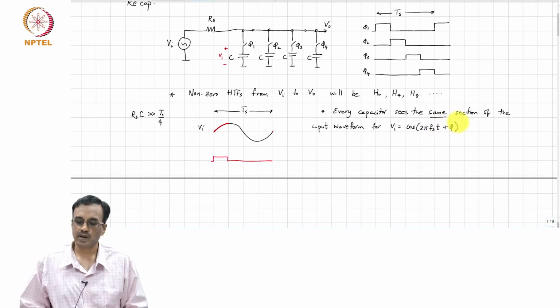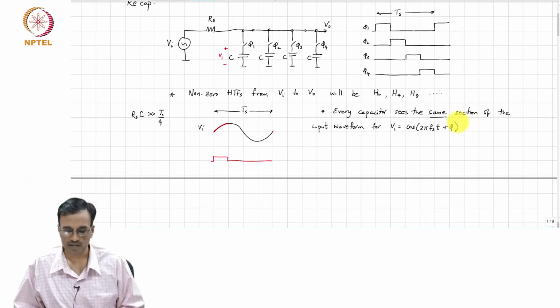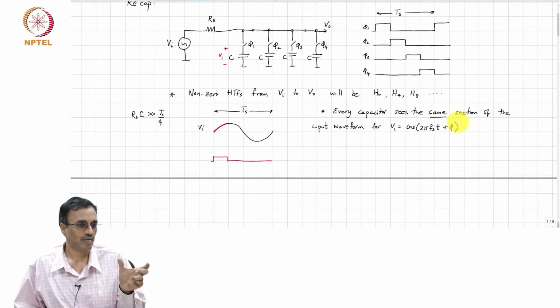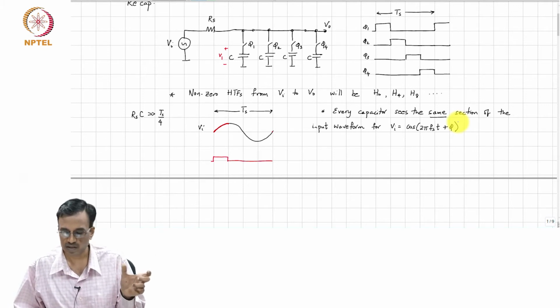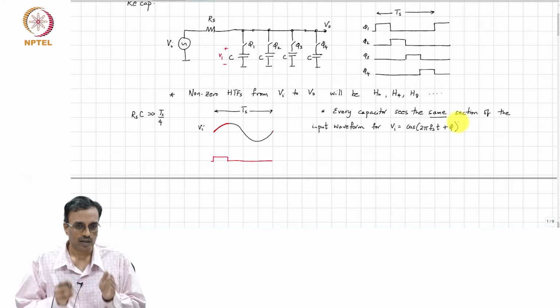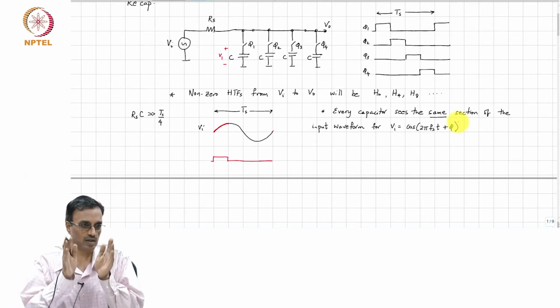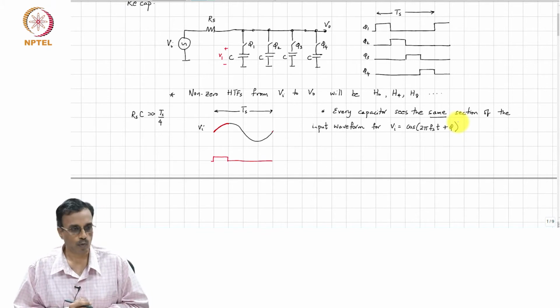Right. So, here I have chosen a sinusoid, but for any phase shift, as long as the frequency is F_s, you will see that the same thing will happen. Each capacitor will see the same section of the input waveform in all clock cycles, right.